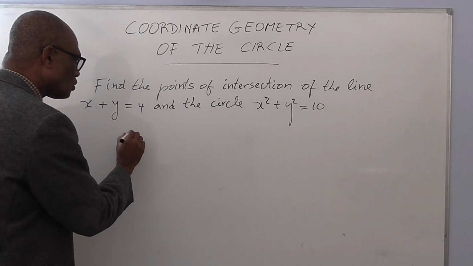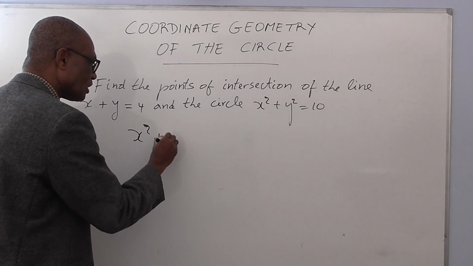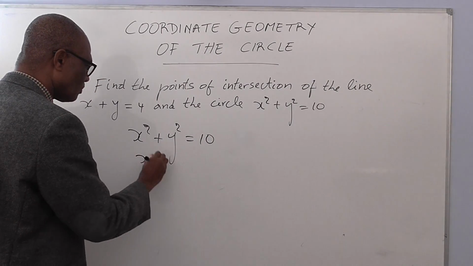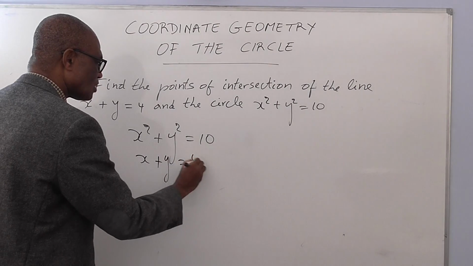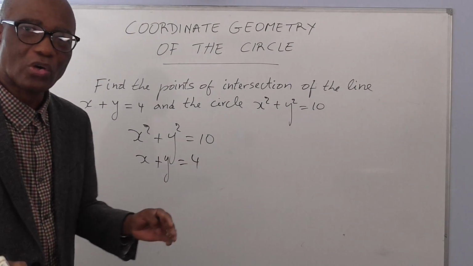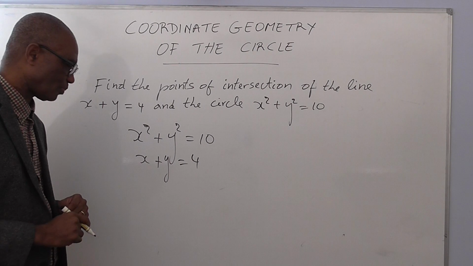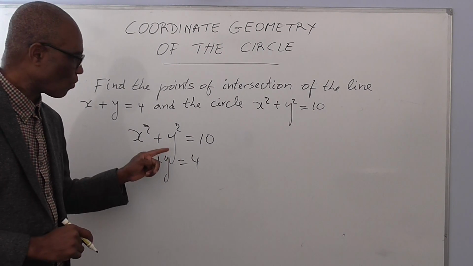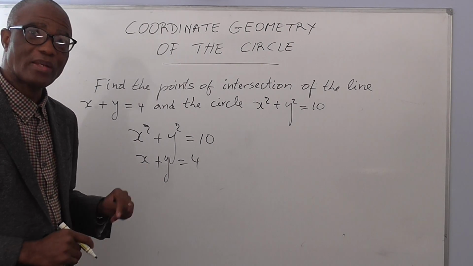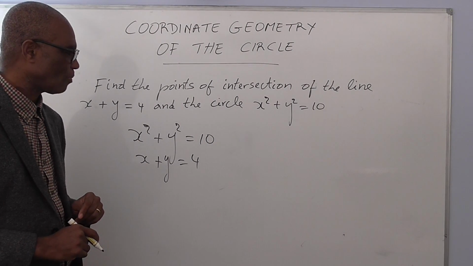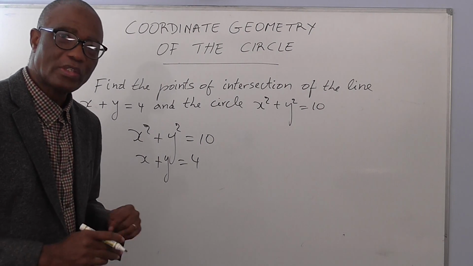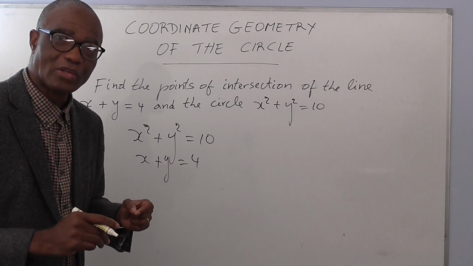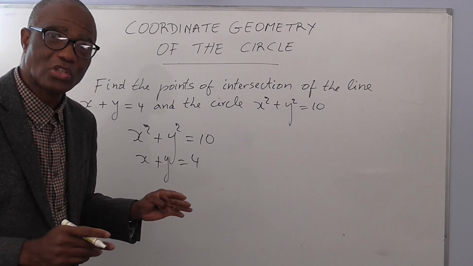Now, we are going to solve the question like we have learned to do the simultaneous equations since the junior certificate. We have the two simultaneous equations. One is quadratic and another one is linear. And the method that we are going to use here is the substitution method.